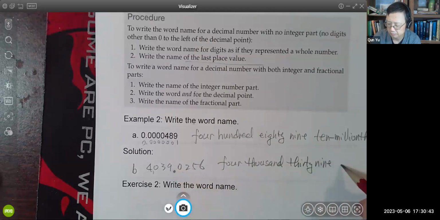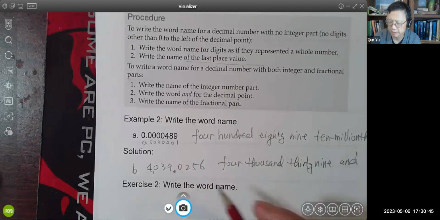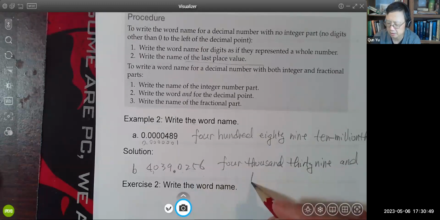and then we read this decimal part as a whole number, 256.